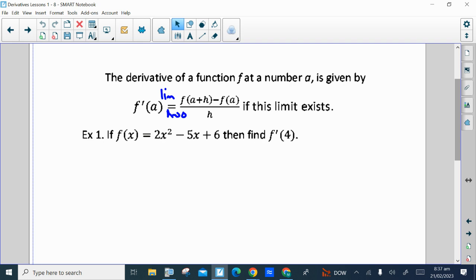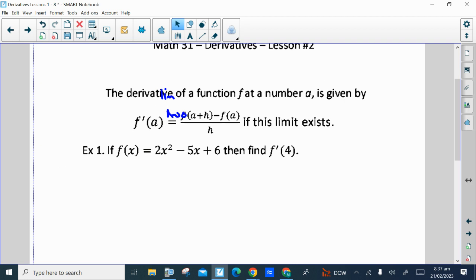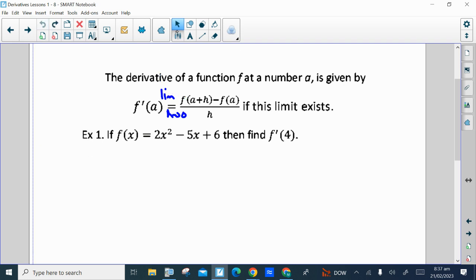Now notice in this case that the function is not rational, so therefore you don't have any non-permissible value here, right? But we want to find the derivative, so we have to use this formula because it tells us to find f prime 4, which means the value of the derivative of the function when the variable x equals 4. So we have to take the derivative, which means we have to use this formula. So that's where we'll start. We'll start by using this formula.